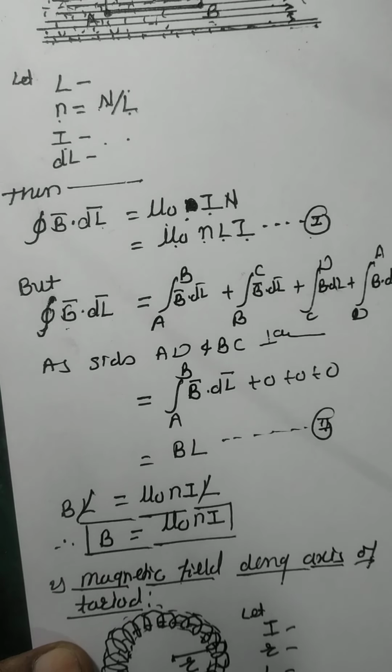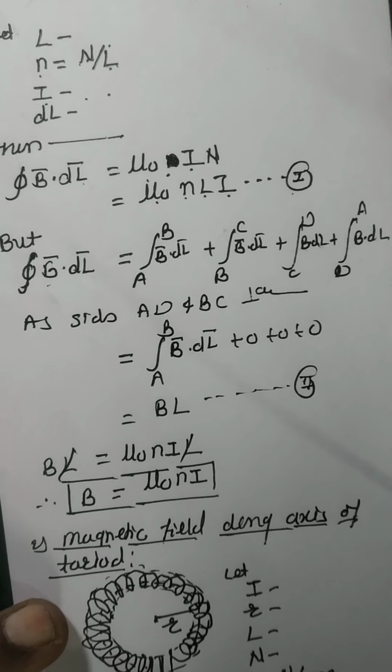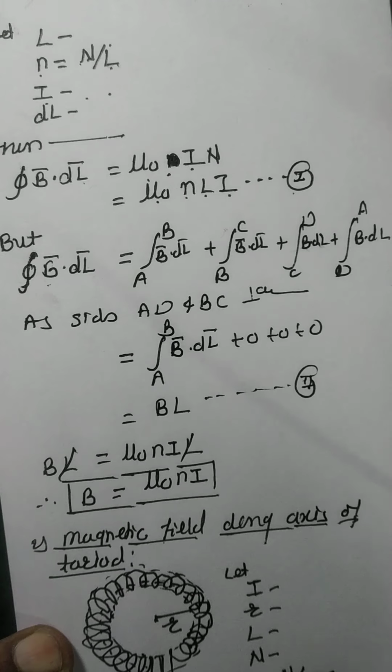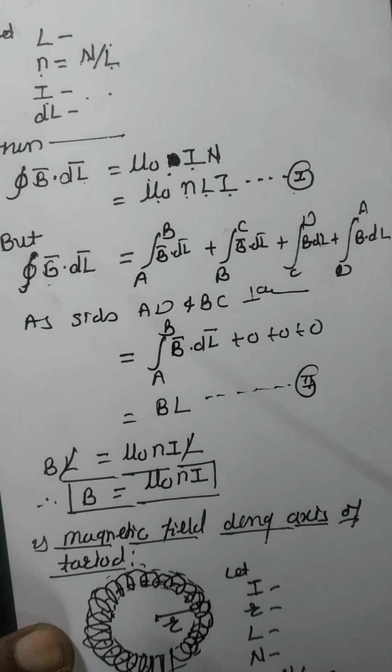But line integral of closed B dot dl is equal to integral of B into dl into cos theta, but cos theta is equal to 1, and therefore B into 2 pi r. Total length 2 pi r.